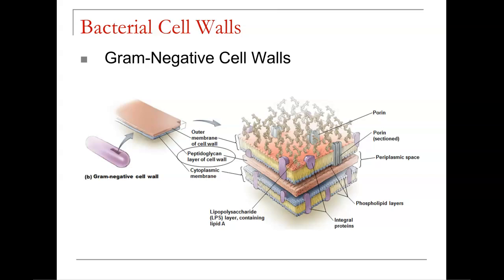They are more resistant to chemicals such as basic dyes, certain antibiotics, and lysozymes. Lysosomes are the vacuoles found inside of the cell that contain enzymes able to break down and kill any type of microbe that gets into the cell. So it's kind of resistant to those. When they're gram stained, they appear pink.